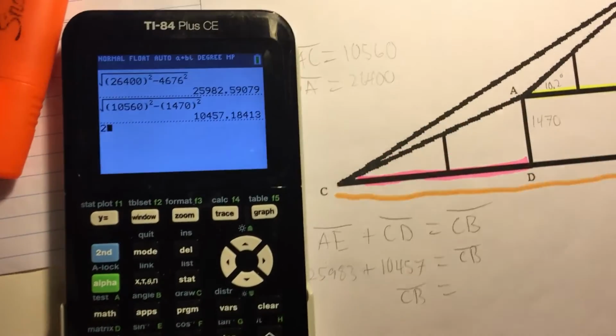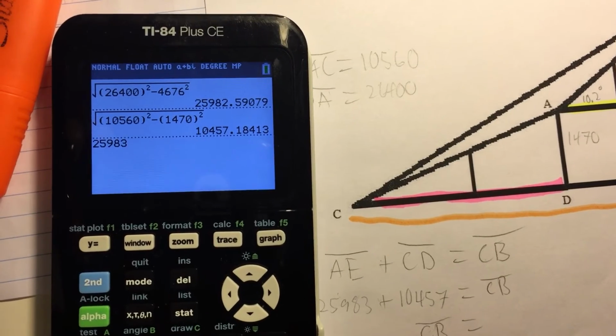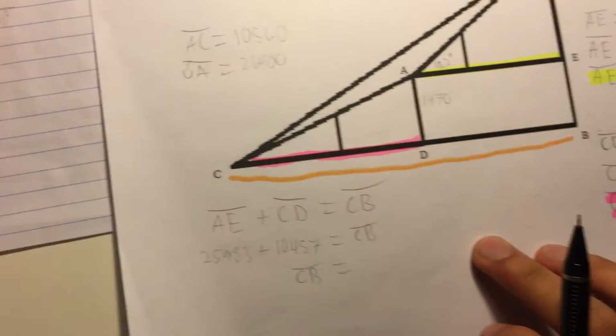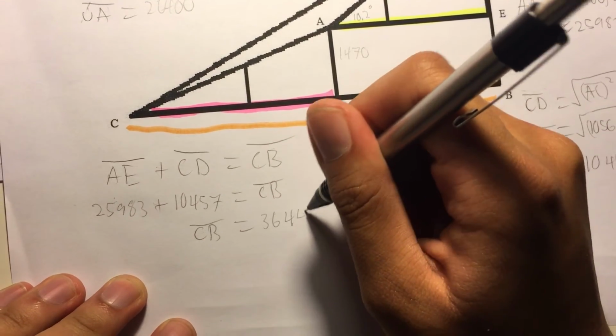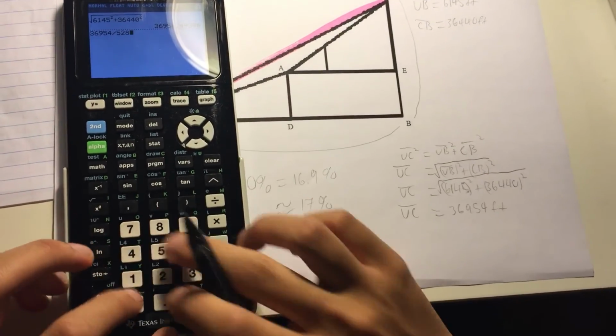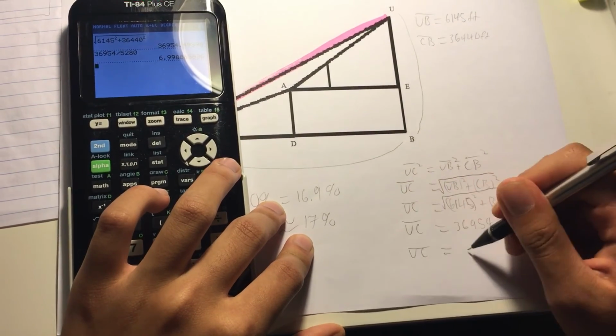Plug that into the calculator, and that's going to give us 36,440, roughly 7 miles.